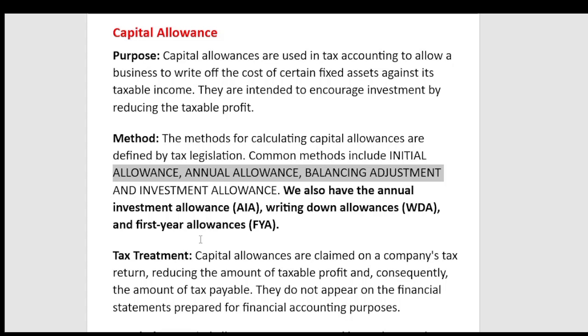That is the treatment. Capital allowance is mainly for what? Tax purpose. They do not appear in the financial statement. It's just for the purpose of reducing the tax liability of a company. Using the capital allowance, you can reduce the tax liability of a company. That is what it's meant for.